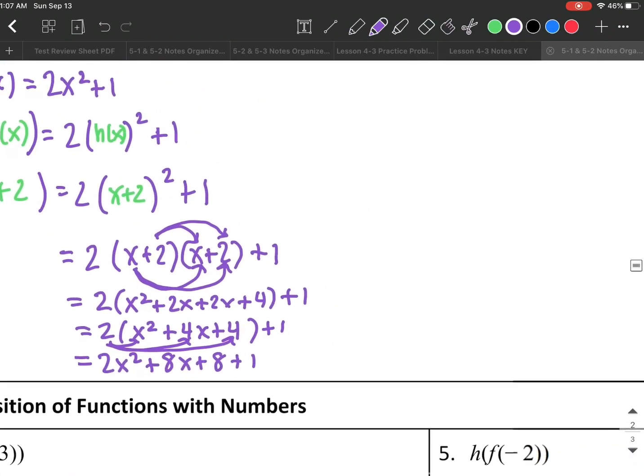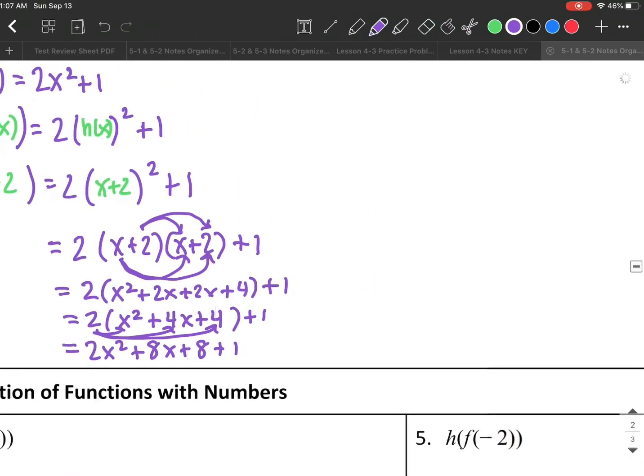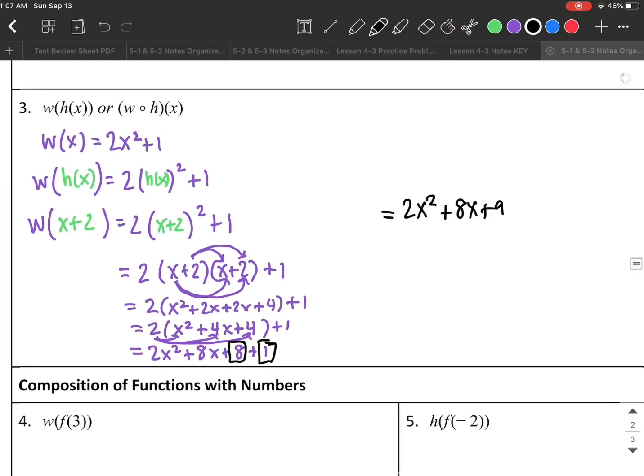And we just collect the constants: 8 plus 1 gives me 9. And then I just rewrite what I have here. So this is w of h of x is equal to 2x squared plus 8x plus 9.